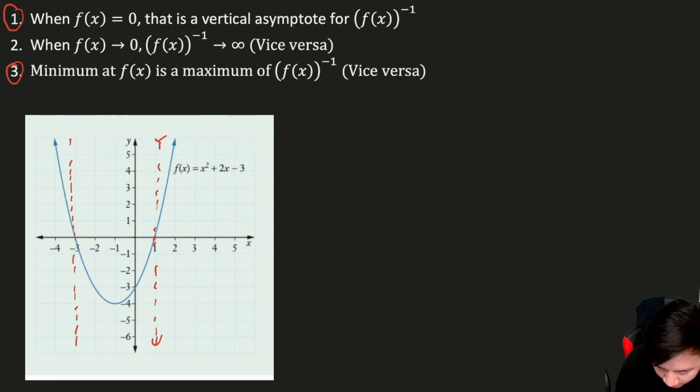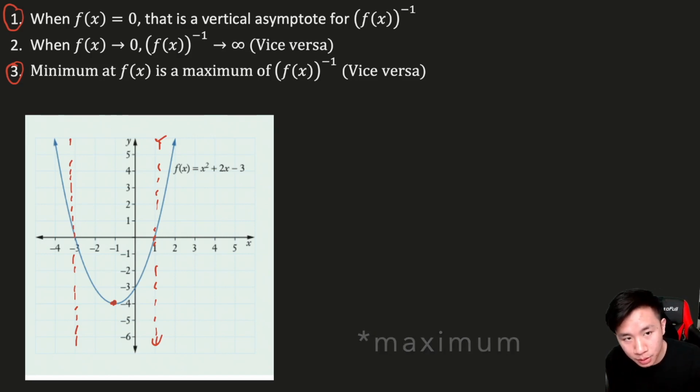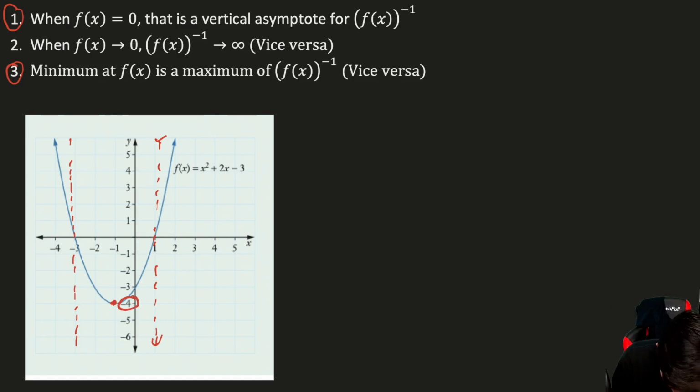The minimum of the original function will be the maximum of the reciprocal and vice versa. So what that means, right, is this thing right here, okay, will be a new minimum for the reciprocal function. And you notice that that is minus 4. So the reciprocal of that is just minus quarter, which would be very close to here. Okay?